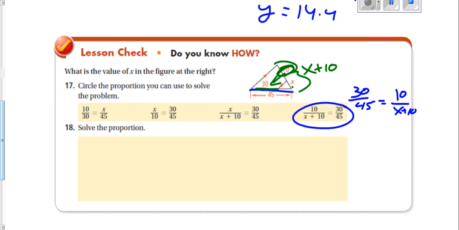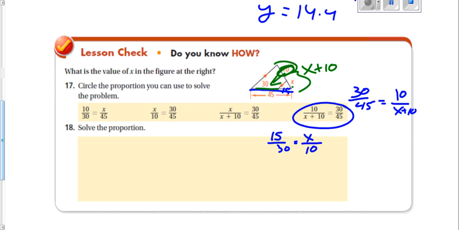Now, you also could have just figured out that 45 minus 30 was 15 and done 15 over 30 equals the x over 10, and that's totally the better way to do it, but it's just neither here nor there. Okay, so that would have worked as well. But if you ever get in a pickle and you don't know the part, think of it that way.